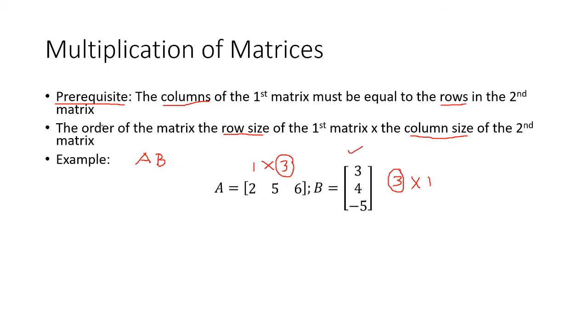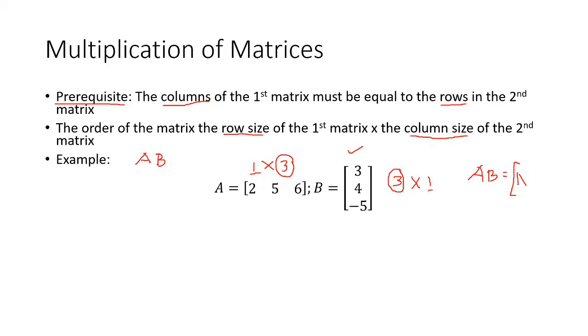Okay, and then the order of the matrix. So okay na, satisfied na. So the order of the matrix is the row size of the first matrix, which is A, by the column size of the second matrix, which is this one. So basically, A times B will have 1, I'm sorry.